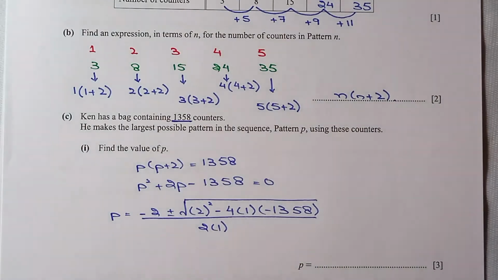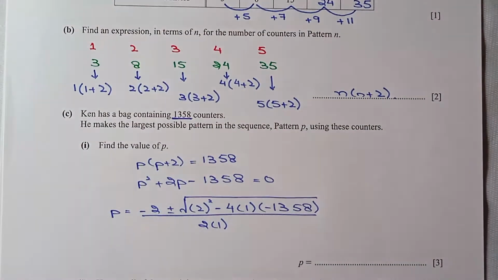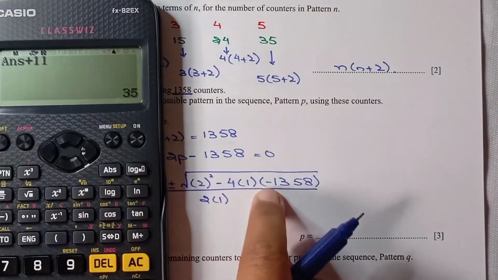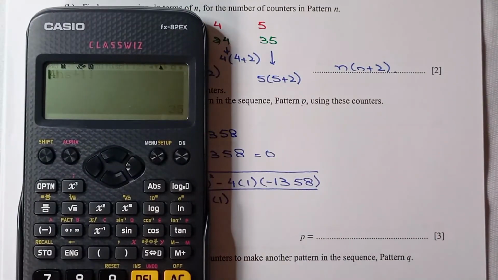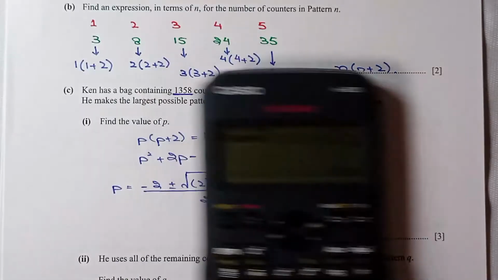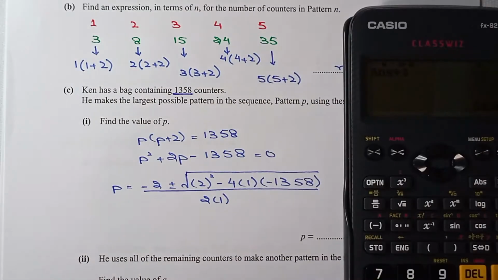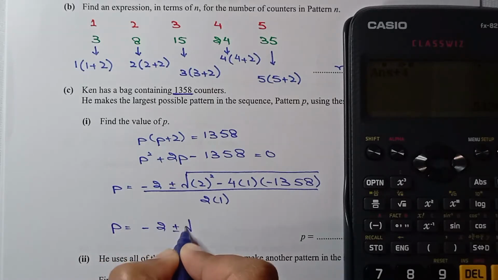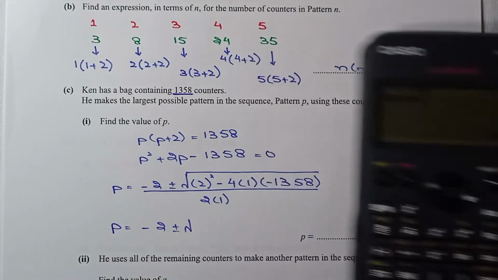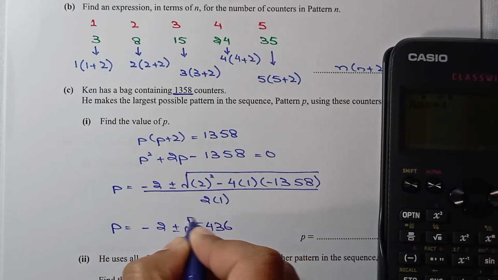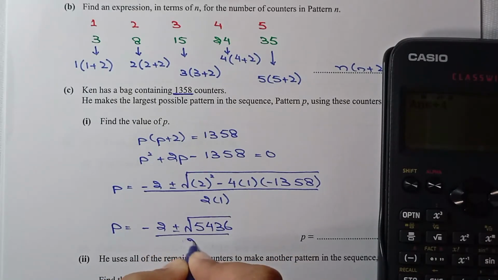2 times of 1. Okay, so let me use a calculator. 2 square is 4 and negative times negative would be positive. So we have 4 times 1358 and then adding 4. So we have this number. So P would be equals to negative 2 plus minus square root of 5436, and then dividing by 2.